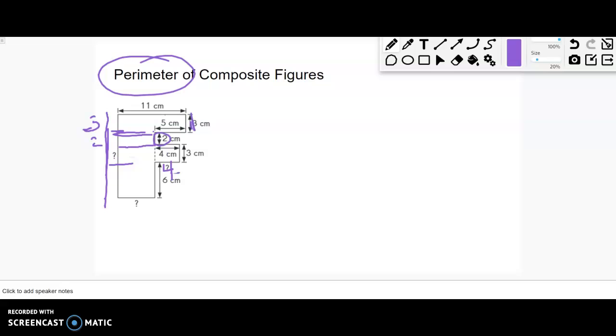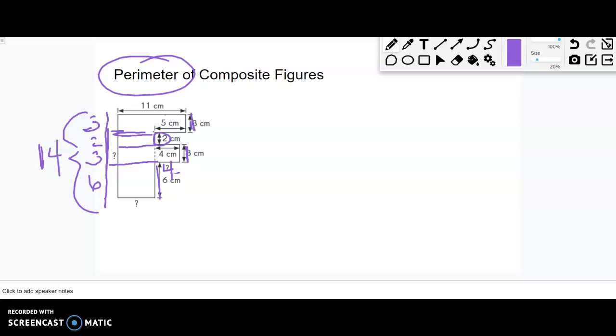And if this is a rectangle, this part is 3 because this part is 3. And I know this part is 6 because this part is 6. So I can always look across to see if that can give me information that I need. Then if I add all those together, 3 plus 2 plus 3 plus 6, I should get 14 as that side length.